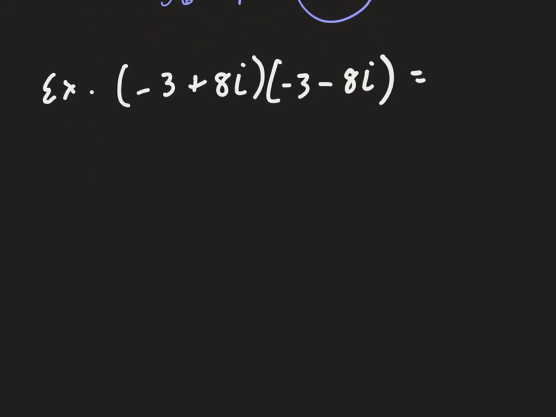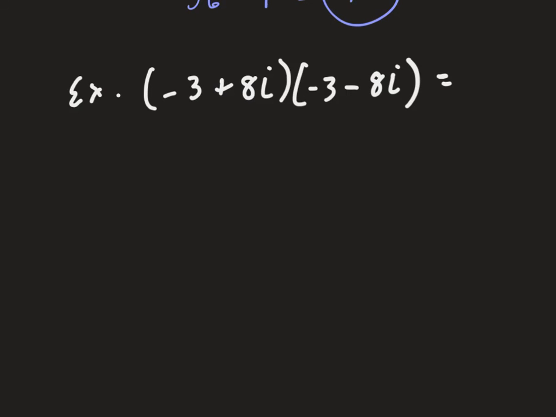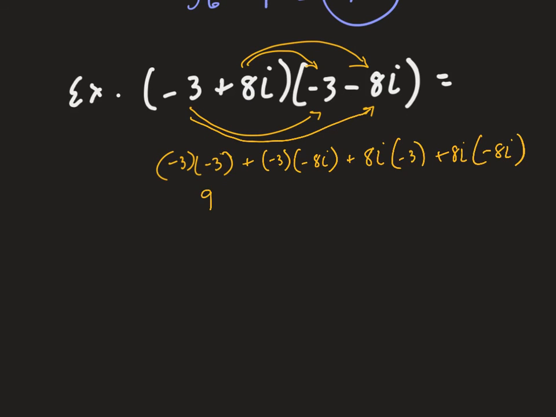So let's see this next one. Again, I'm going to multiply this entire expression times this entire expression. So I'm going to have negative 3 times negative 3, negative 3 times negative 8i, 8i times negative 3, and 8i times negative 8i. Negative 3 times negative 3 is a positive 9. Now, we know by the rule that these two center terms are going to cancel out.